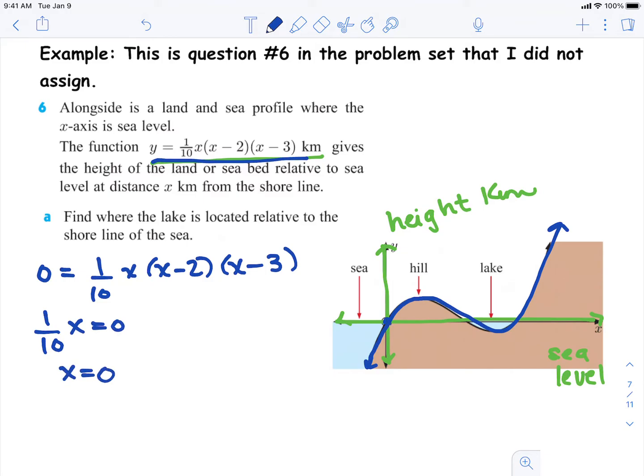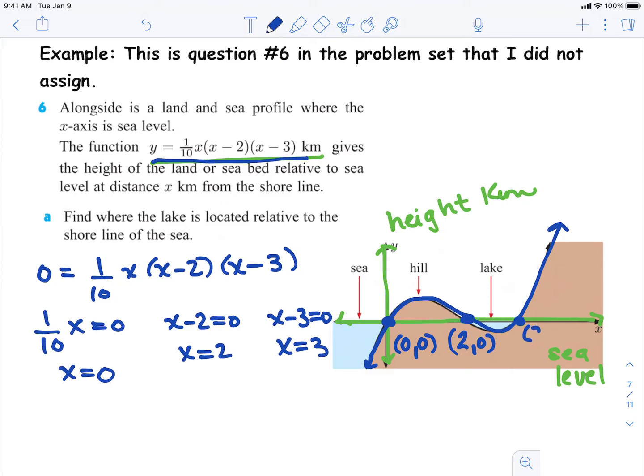Here is an ordered pair, (0, 0). Then we do the next factor, x minus 2, set it equal to 0 and solve for x, so this would be (2, 0). And then the last one, x minus 3 equals 0, so x equals 3. That would be the last point, (3, 0).